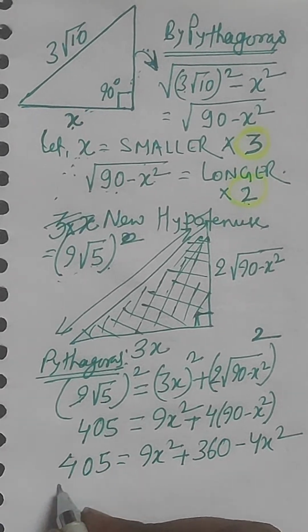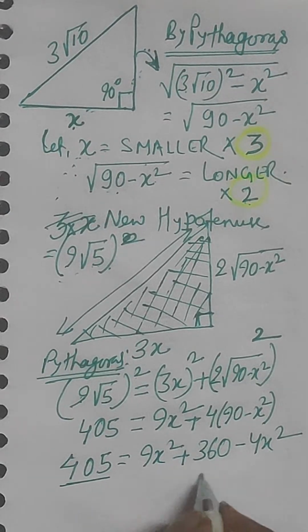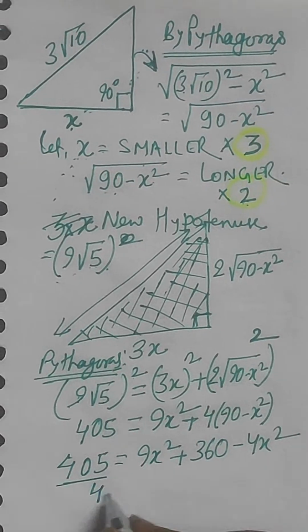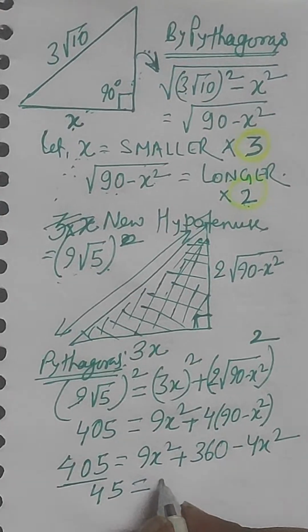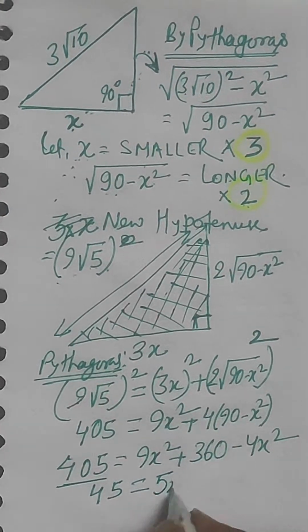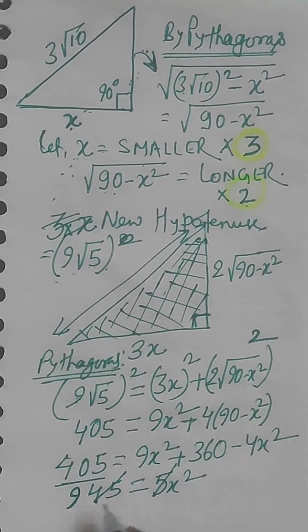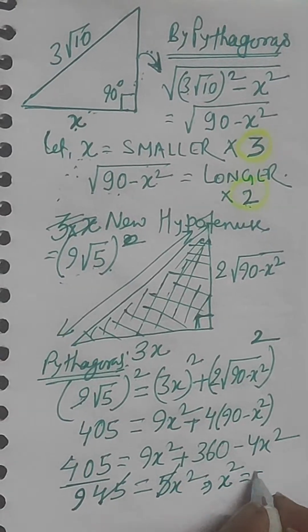When 360 is subtracted by pushing it to the LHS, we get 45 on the LHS equal to 9x square minus 4x square, which is 5x square. 5 will divide 45 nine times, so x square is 9.